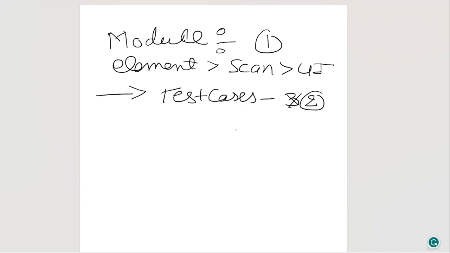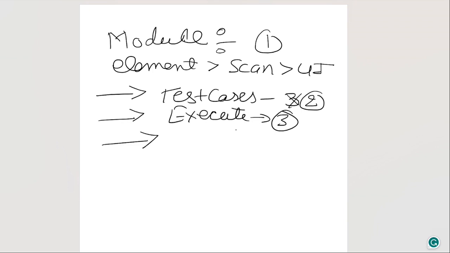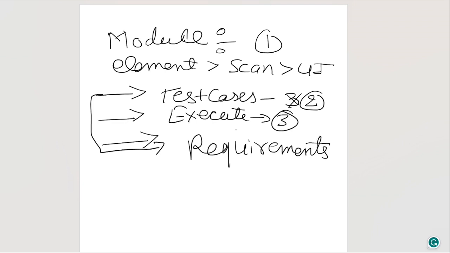Okay, now what will happen? If a test case is created, what we will do is execute it, which will be done in the execution window tab. But this particular test case should be linked with our business scope, which comes under requirements.